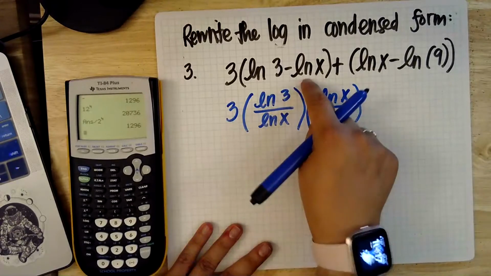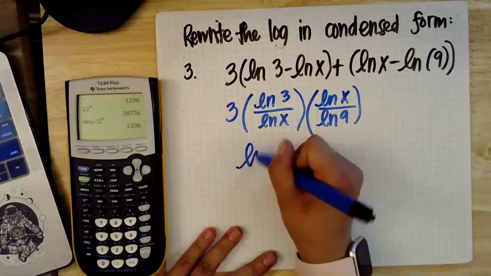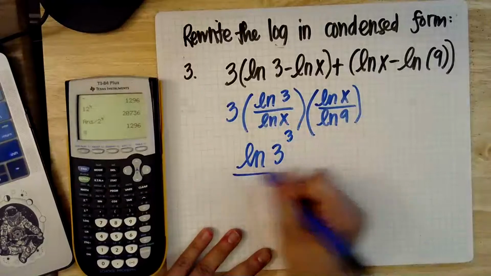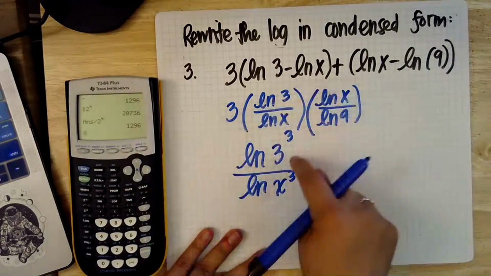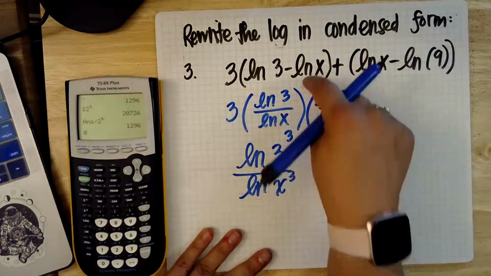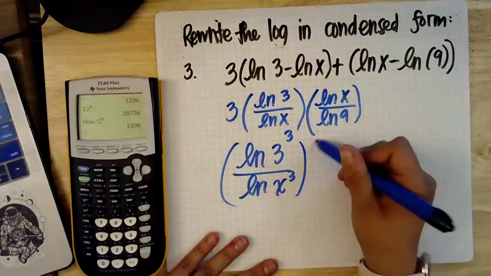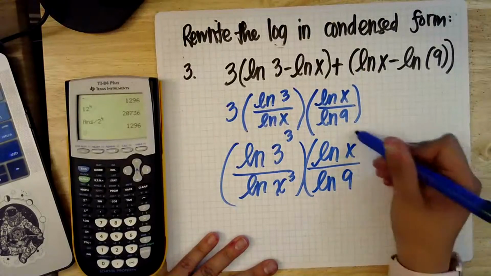So this 3 now has to come up here, yeah? So I have ln 3 cubed over ln x cubed. So I took that 3 and put it to here. Because it's a ratio, this 3 applies to both. Okay? And then I have ln x over ln 9.